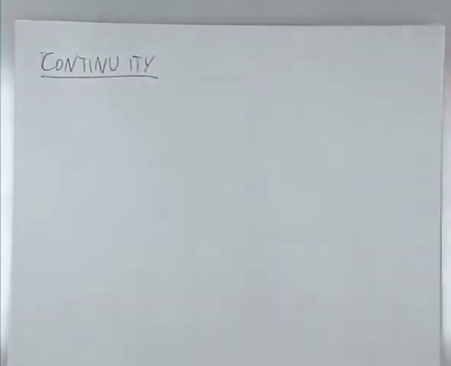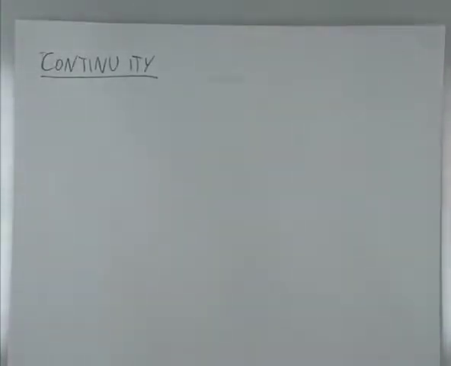So that's the property of continuousness. In your book it says that something is continuous at a particular point if the limit towards that point exists and is equal to the function value. So this is the actual definition.